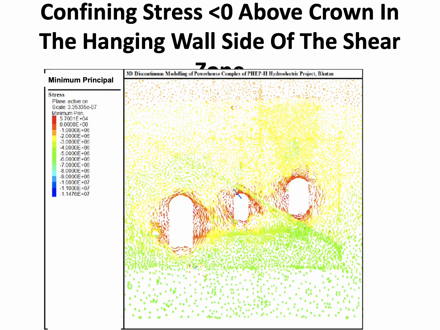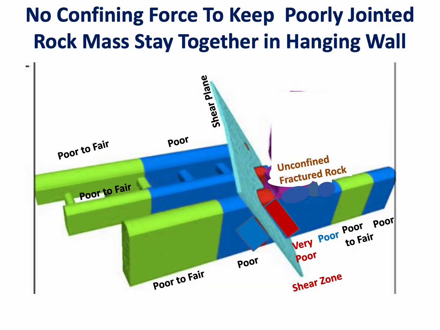So there is no confining force to keep the poorly jointed rock mass together in the hanging wall.